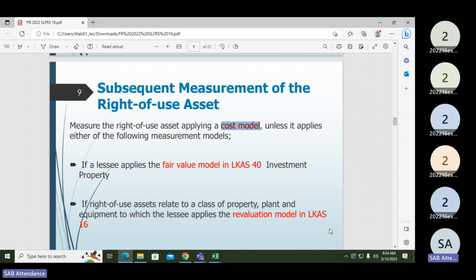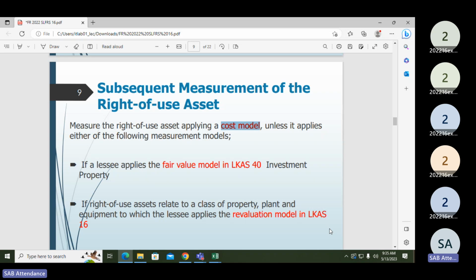Or sometimes you can have a lease asset that is used as an investment property. You leased a building and rent it out to others. Possible? You enter into a lease agreement for a period of 5 years, you lease the entire building and you rent it out to different sales stores, different businesses.